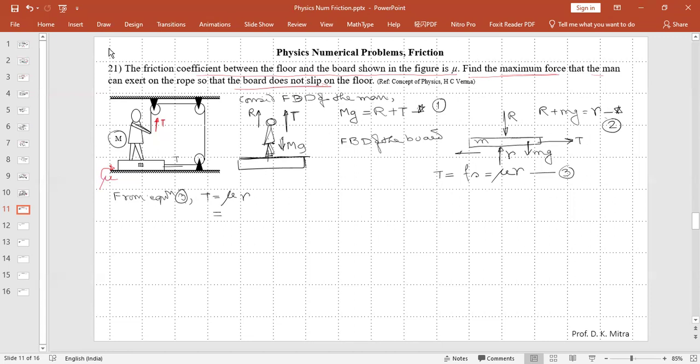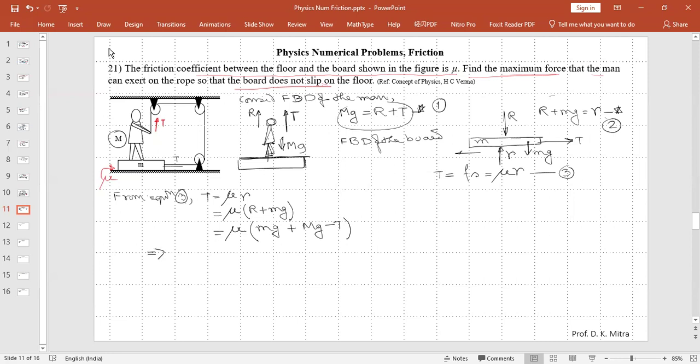Now the value of small r is available from equation 2, which is capital R plus mg, equal to small r. So T is equal to mu times capital R plus small mg. The value of capital R is available here: capital R is equal to capital Mg minus tension T.